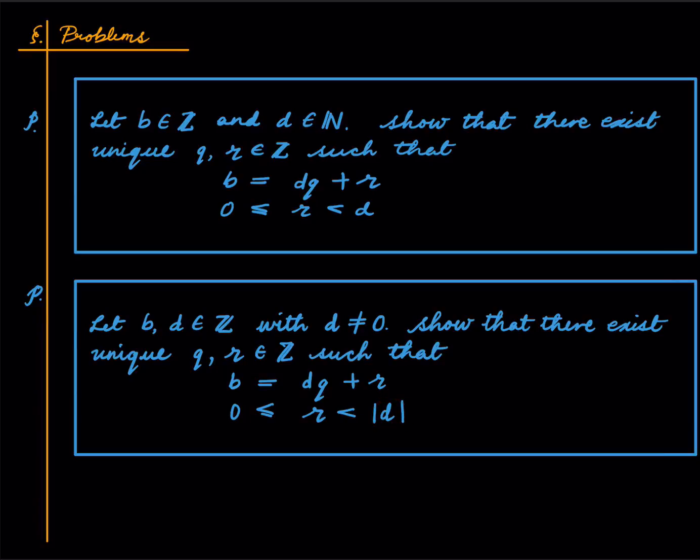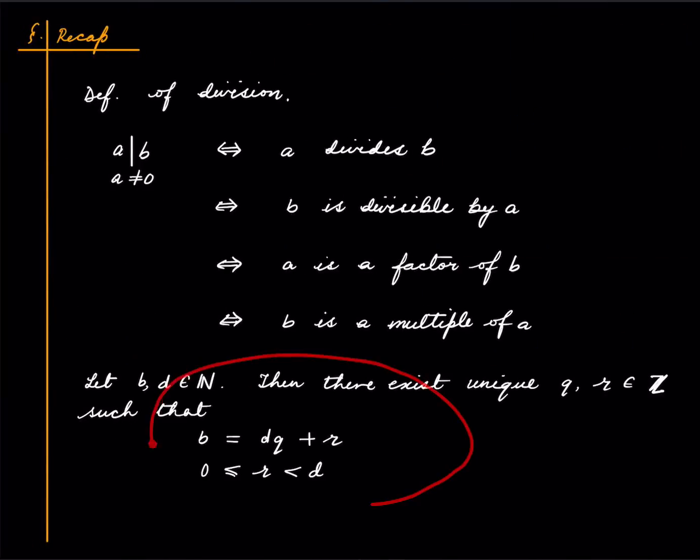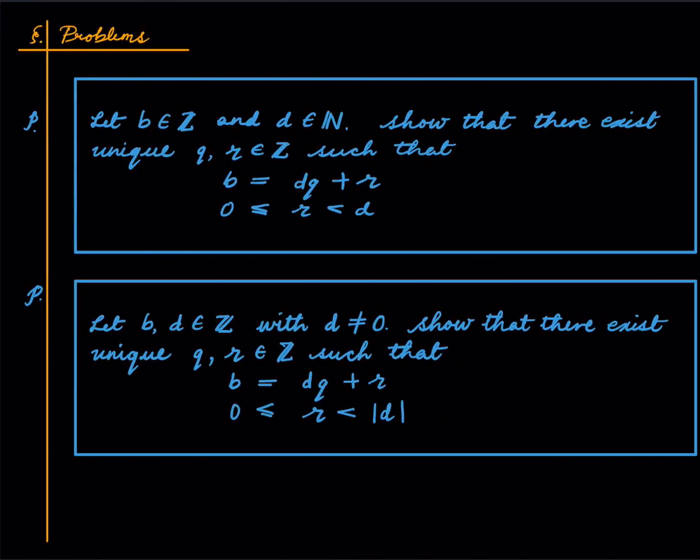So this would be the most general form of the division with remainder, but really the heart of the thing is the thing that we stated. And you can prove these using this. You don't have to go over the proof again. You can just use that statement to prove both of these.